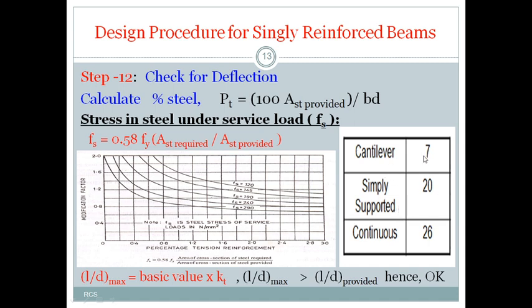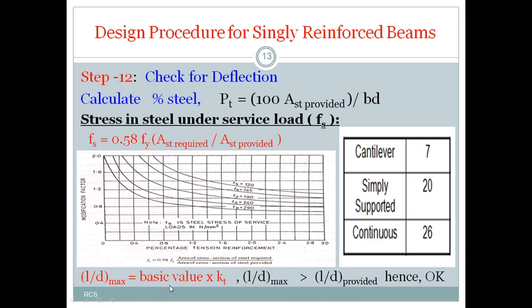For a cantilever beam it is 7. For a continuous beam it is 26. These 7, 20, 26 are called basic values, and L by D maximum is calculated by the formula basic value into KT. KT here is a modification factor.